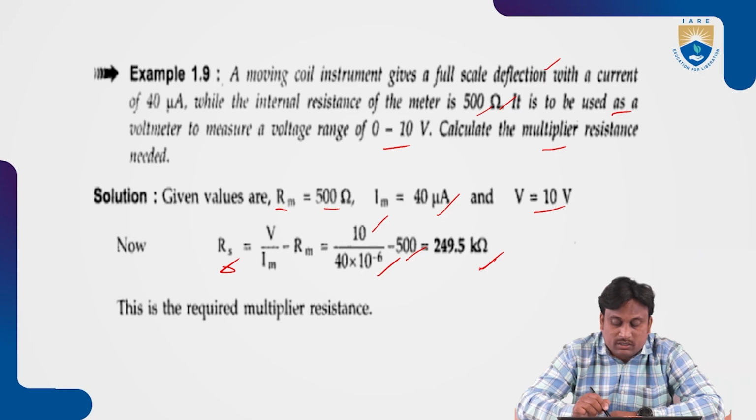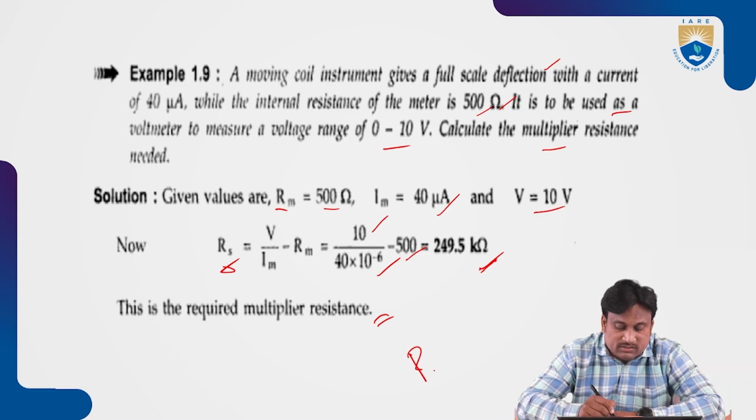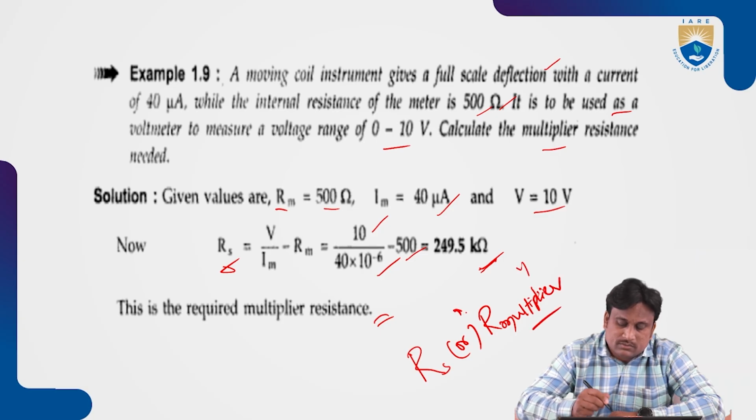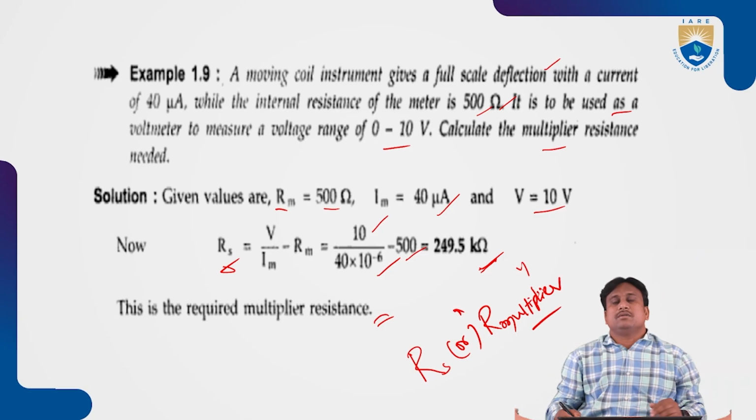This is the value required in the multiplier circuit as the multiplier resistance, Rs. This is the amount of resistance we require to maintain in the circuit.